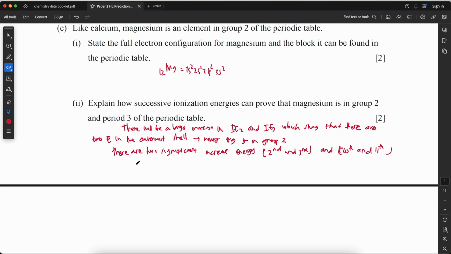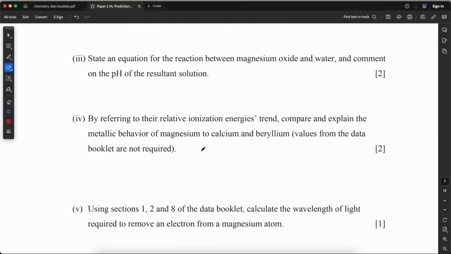So showing it is in period 3, as there are 3 distinct energy levels. It shows it is in period 3.